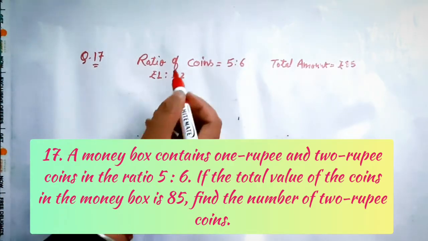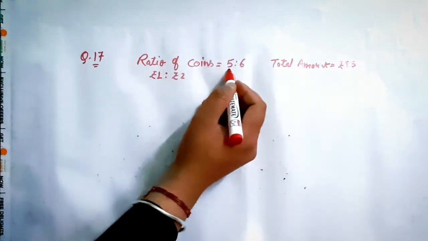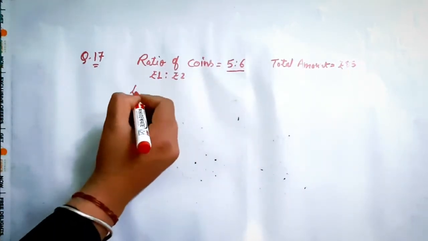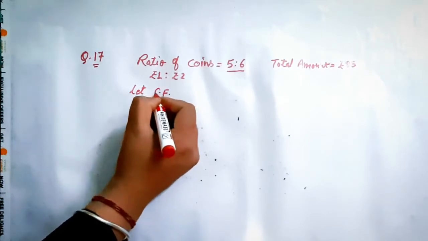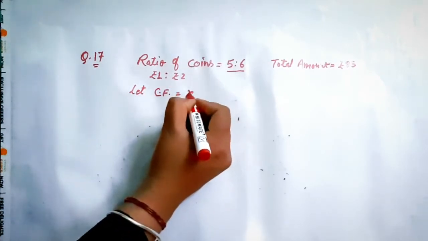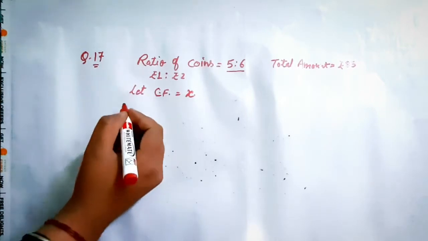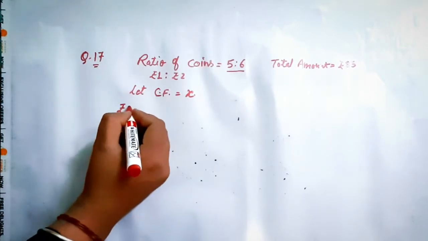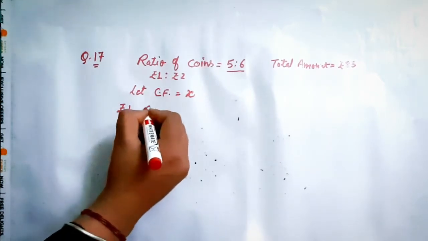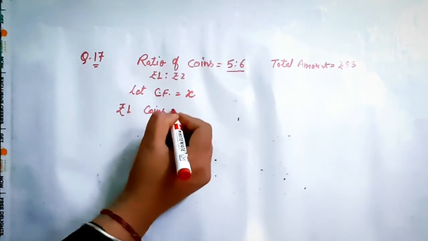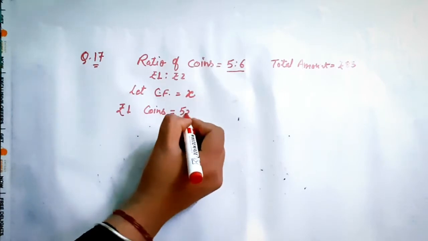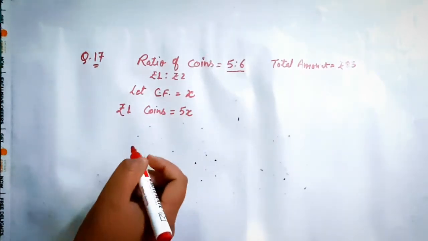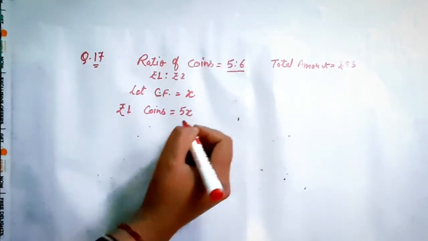So again the ratio is given, so let the common factor equal x. If the common factor is x, rupees 1 coins will be 5 into x, that is 5x. Now what will be their value?